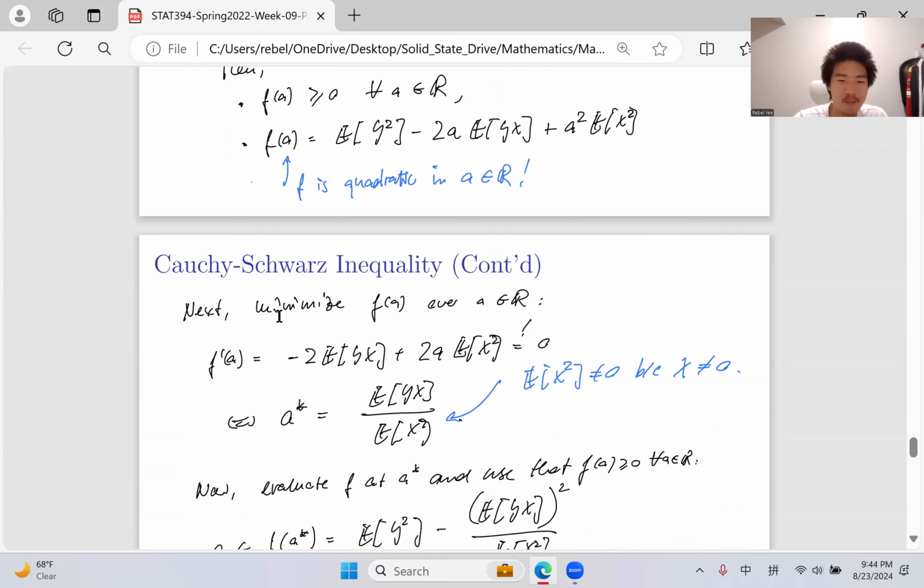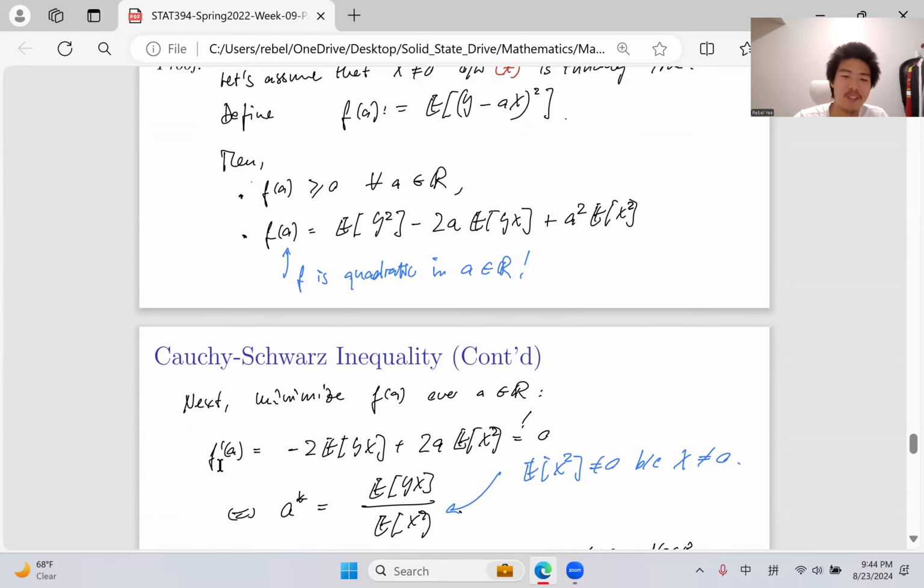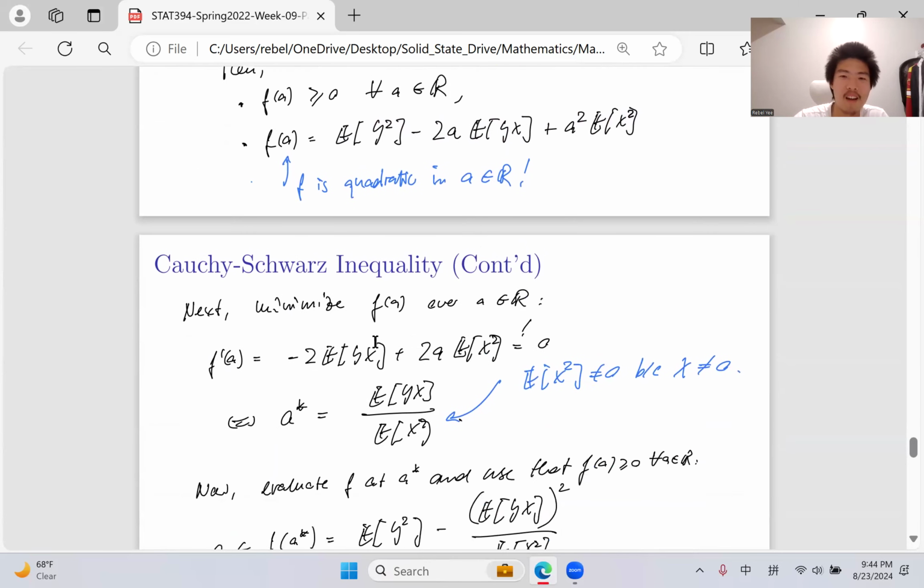So when we minimize that, we use its first derivative. Because it's a function of a, the constant is removed, and this will be minus 2 times the expected value of xy, plus 2a times the expected value of x squared. Because we want to minimize that, we want to find when it becomes 0.